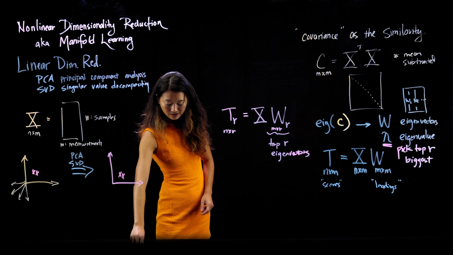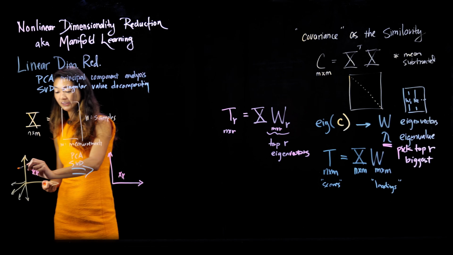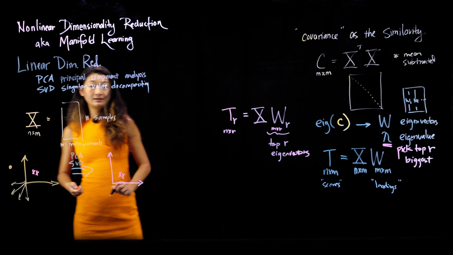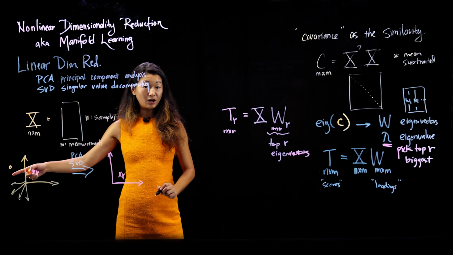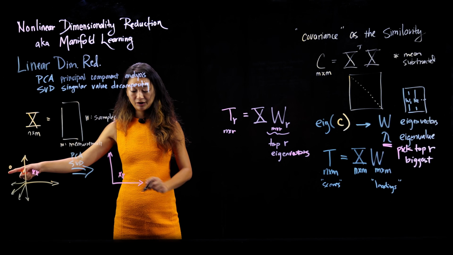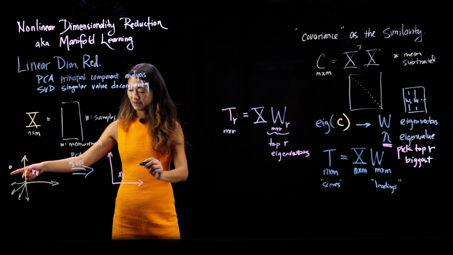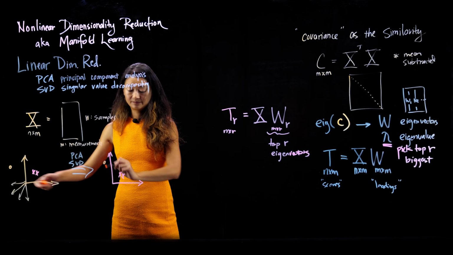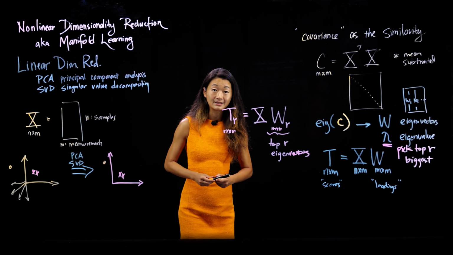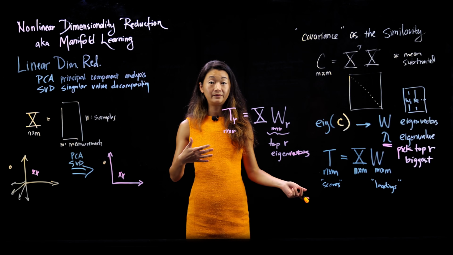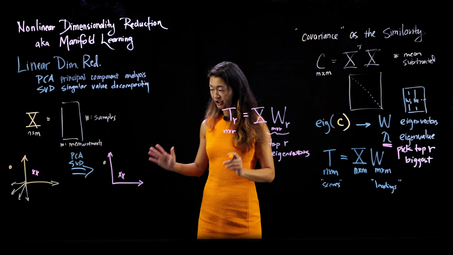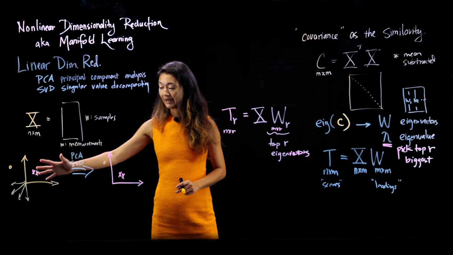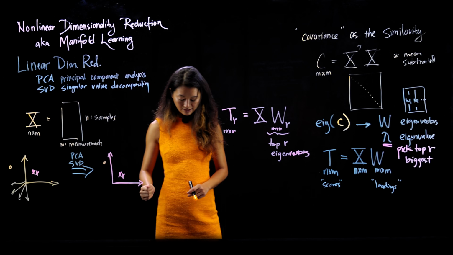But points that are farther apart originally, let's say I have another point over here, those relative distances are going to be preserved. So wherever this orange point ends up in the projected space, it's going to be also relatively far apart. So relative distances, local and more global, in the Euclidean sense, are guaranteed to be preserved when you apply this linear transformation using the PCA that we have learned.